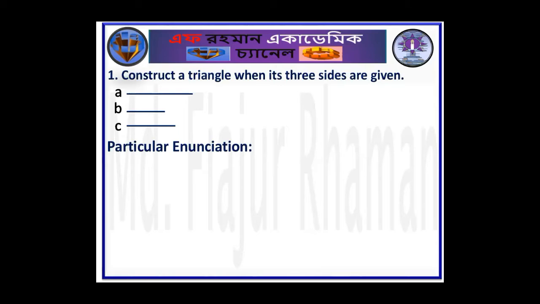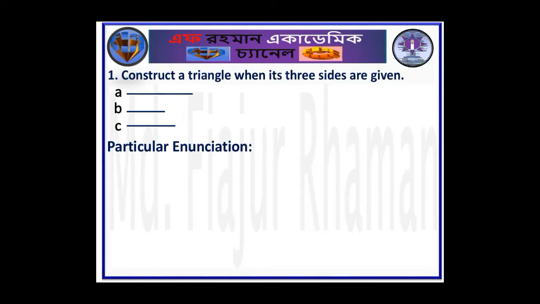Now, particular enunciation. Particular enunciation is a statement, and any statement has two parts. The first part should mention the given condition, and in the second part, we should mention what is to be done.